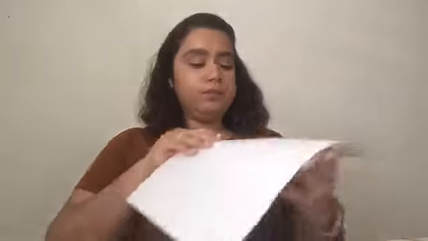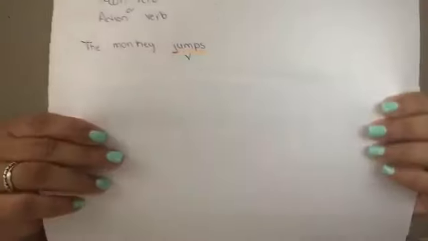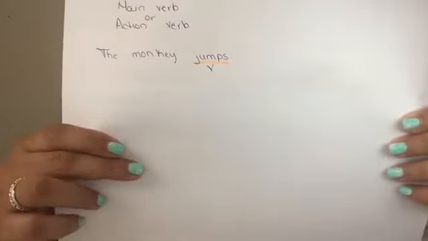Okay, now we're going to the types of verbs. We have the main verb or action verb. The main verb or action verb is used to express action, something that an animal, a person, or a thing does. Here, in the main verb or action verb, we have the sentence: the monkey jumps.